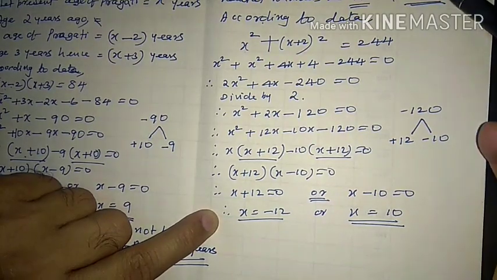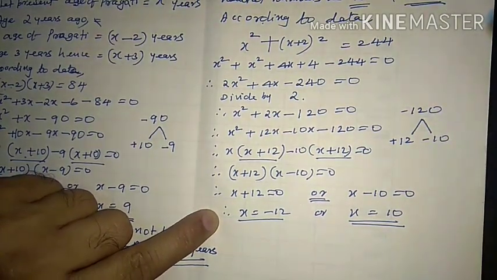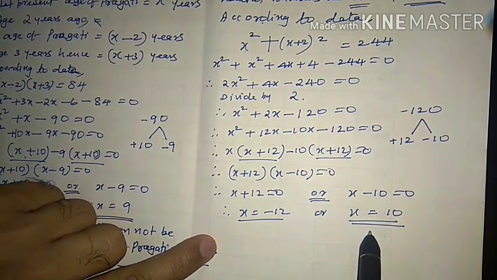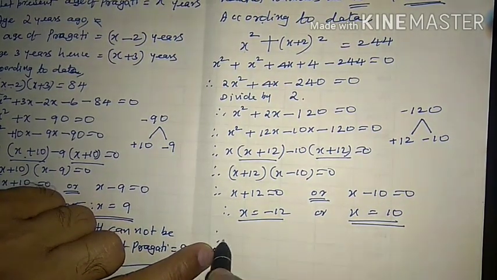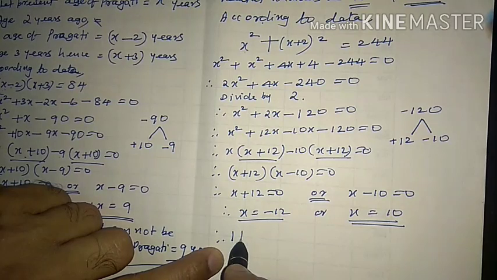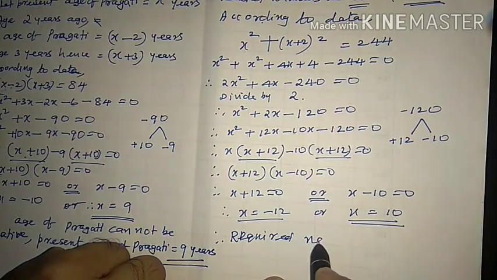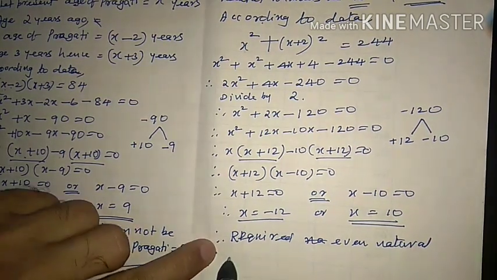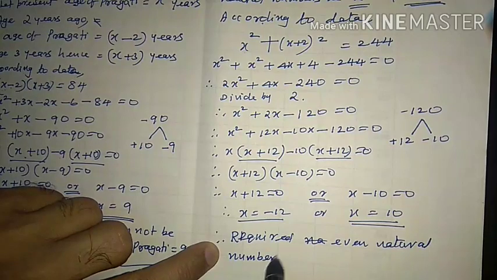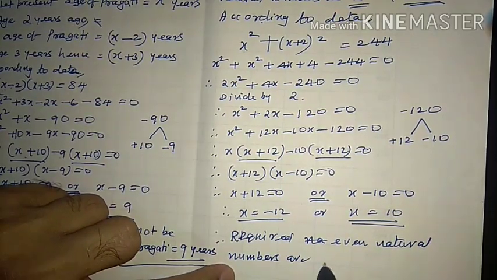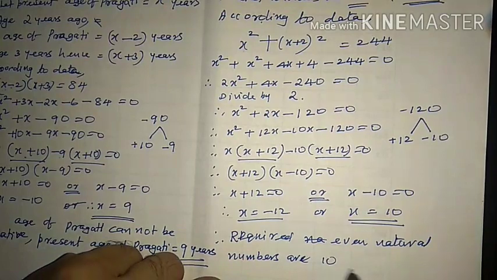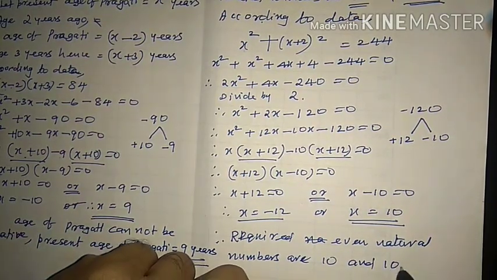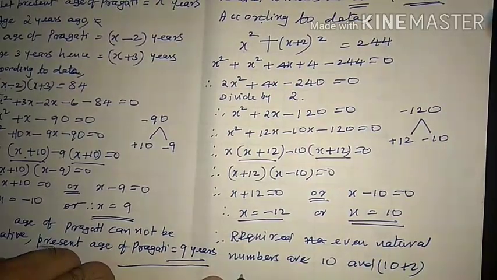But what is x? x is an even natural number, so it cannot be minus. Therefore, the required even natural numbers are 10 and 10 plus 2, which is 12.